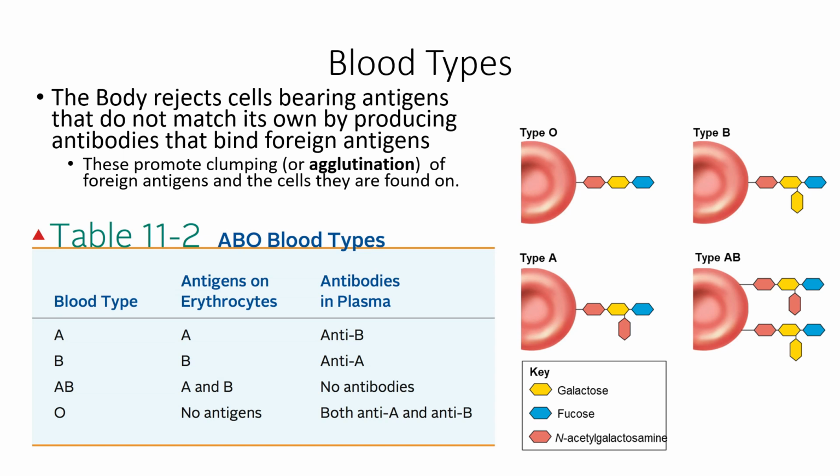So for example, a person who has an A blood type has the A antigen on their erythrocytes. Because they don't have the B antigen on their erythrocytes, they will or may form anti-B antibodies when exposed to the B antigen.